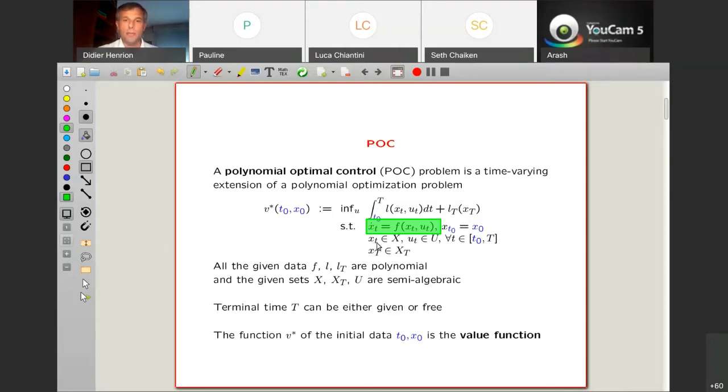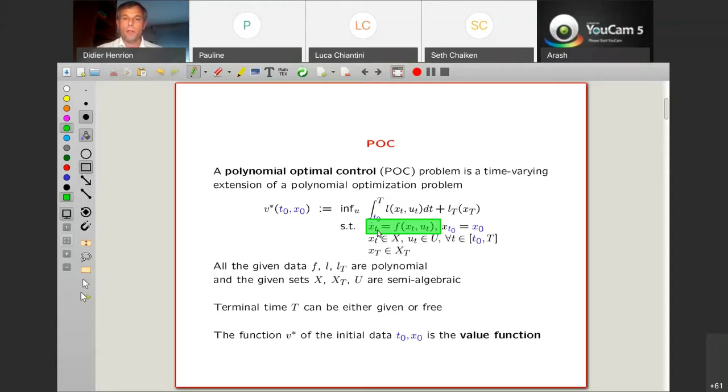The state for all time belonging to t0 to capital T, the terminal time, must belong to a given constraint set, capital X. Similarly, the control signal for all time must belong to capital U, the control set. The value of the state at terminal time, x(T), is also constrained to a given subset of capital X, denoted capital X_T.